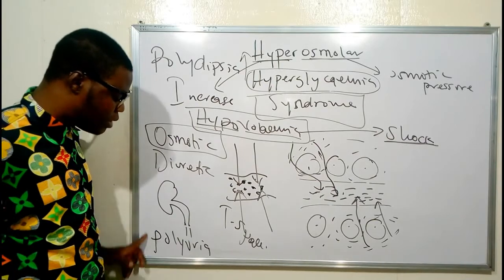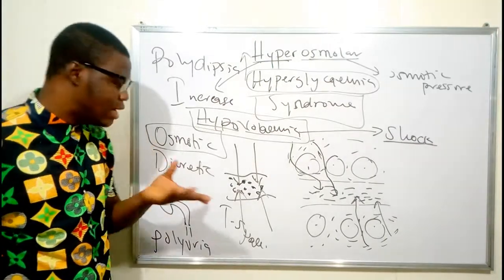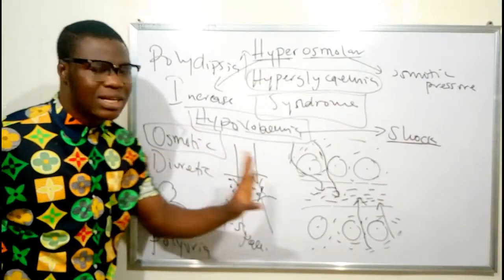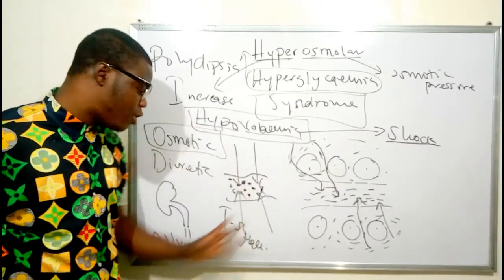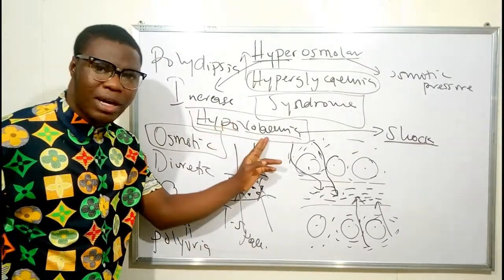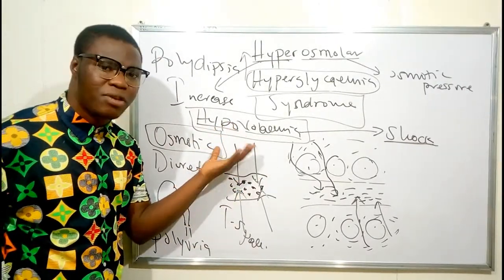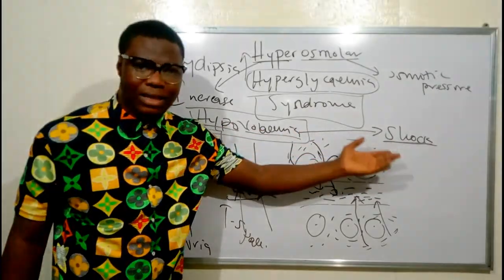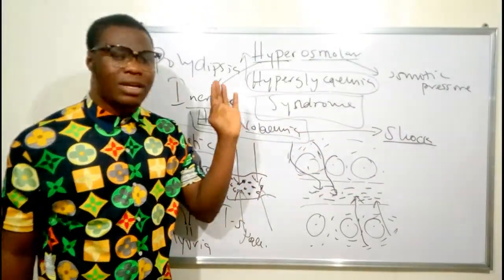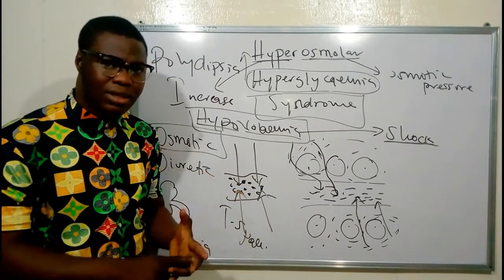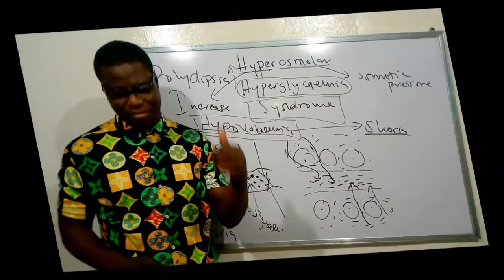Because of polyuria, the person will feel excessive thirst, which is polydipsia, drinking a lot of water, and presents signs and symptoms of dehydration as well. Because this person is losing a lot of water, it causes hypovolemia, because water is one of the things that forms the blood volume. Hypovolemia results in shock, and that can lead to unconsciousness. Now I'm going to come back and give a quick recap on both DKA and HHS. Just stay tuned.